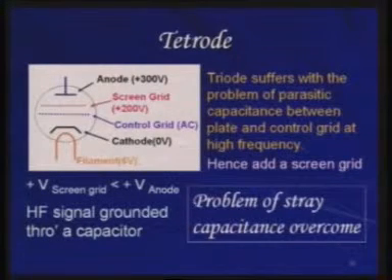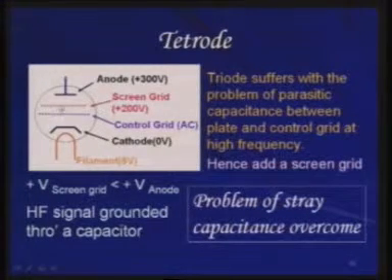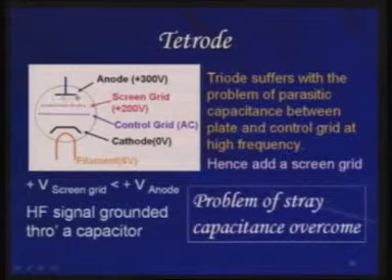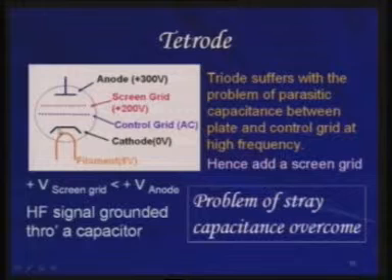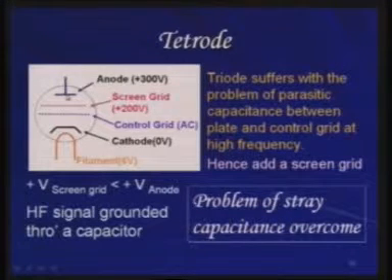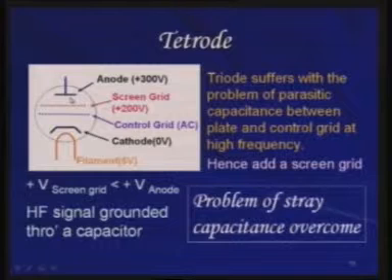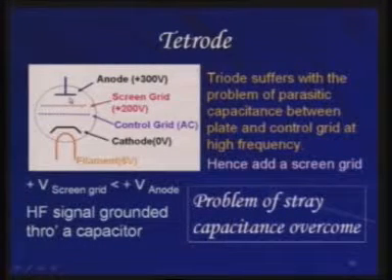Now in this tetrode there is another problem. In case you have a positive potential here and a positive potential here, electrons come from the cathode, and due to this high voltage they get accelerated and hit the anode. When they hit the anode, they eject a few electrons which are called secondary electrons.